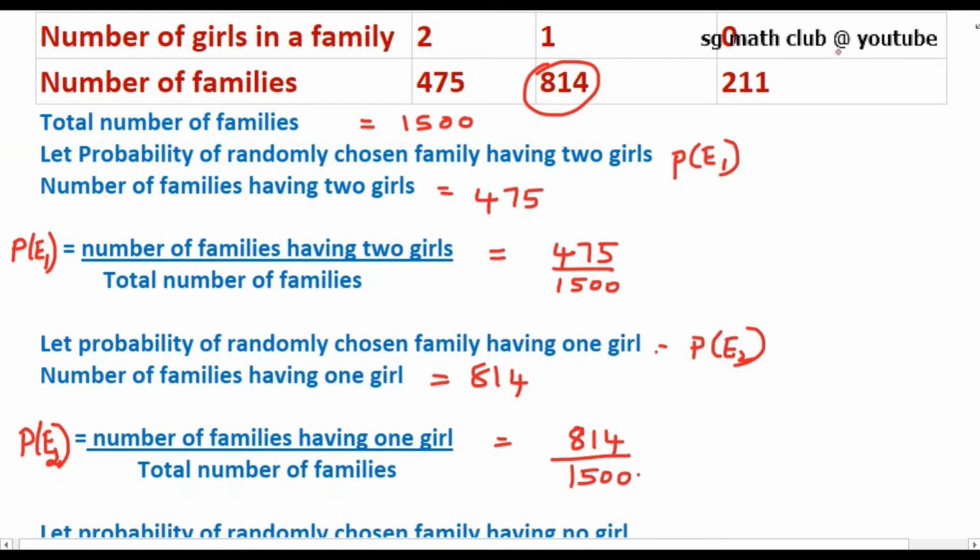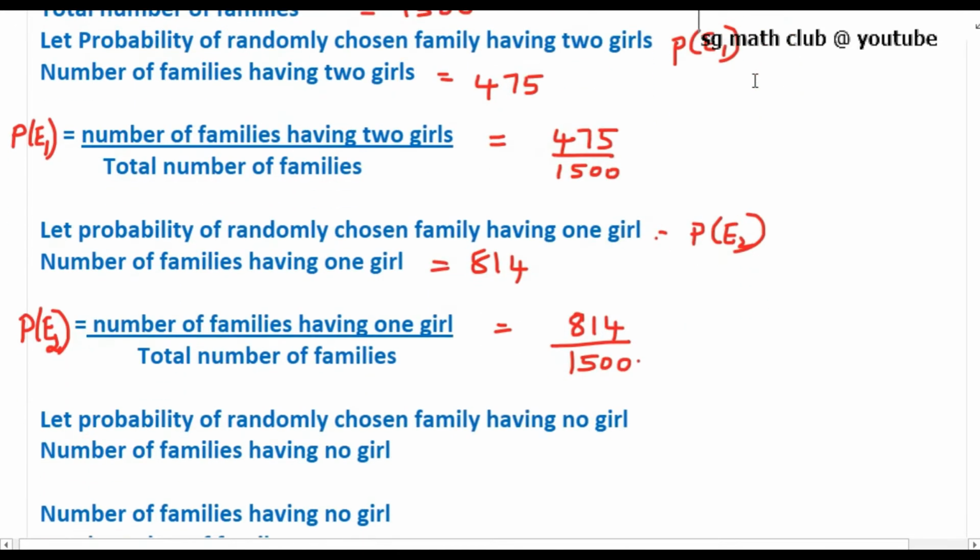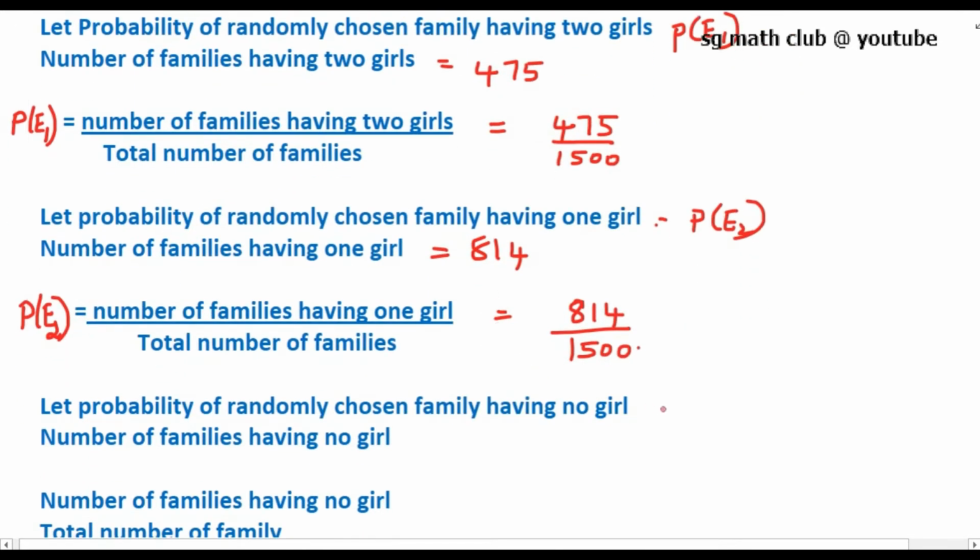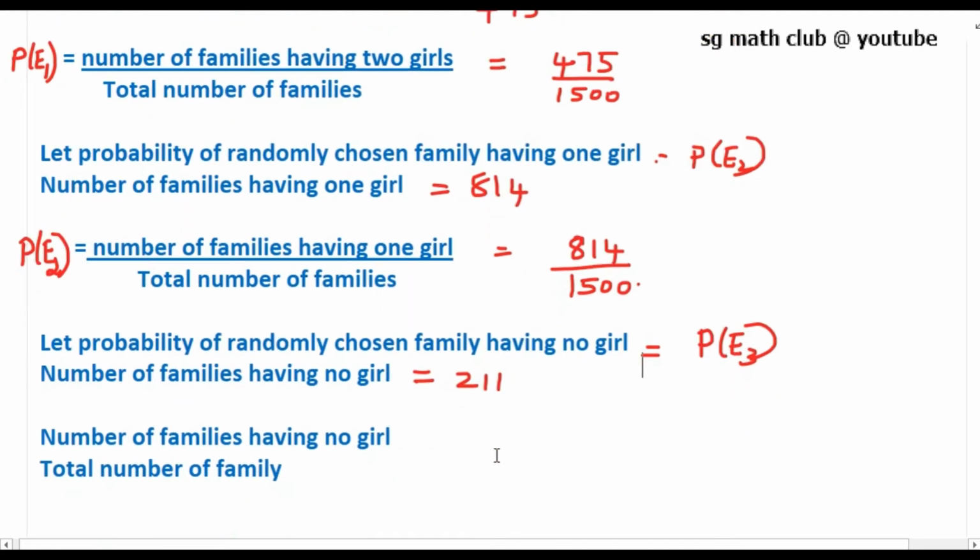In the same way, the number of families with no girls is 211. Let the probability of a randomly chosen family having no girl be P of E3. Therefore, it is the number of families having no girl divided by the total number of families, that is 211 divided by 1500.